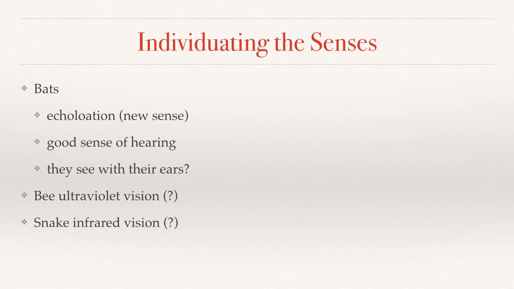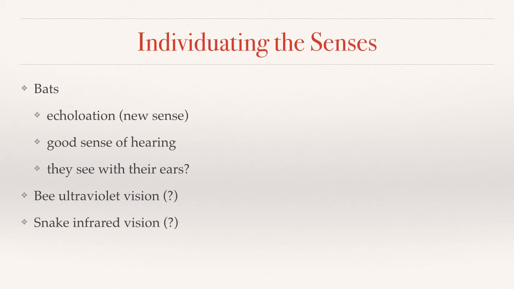We don't see ultraviolet. So now what do we say? Again, it's a similar kind of question that we just asked. What do we say about what's going on here? Is the bees' ultraviolet business kind of like vision, but they just see more? Or is it, in a new weird sense, the ultraviolet sense? In one way, they're reacting to the same thing. It's light. It's just the light that we can't see.